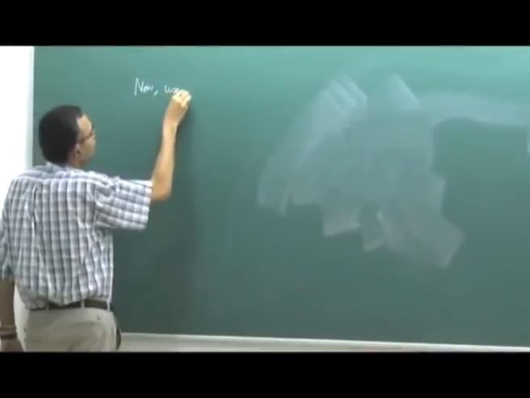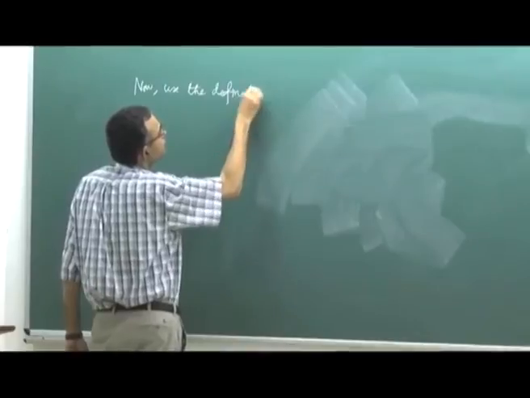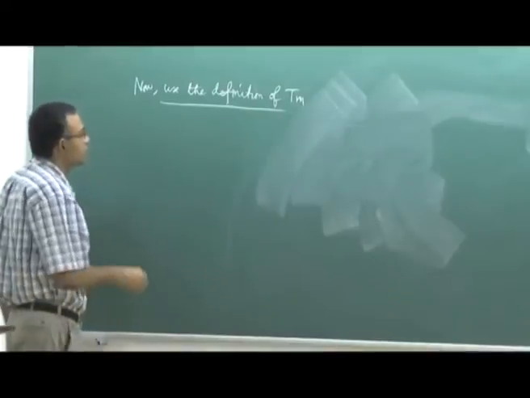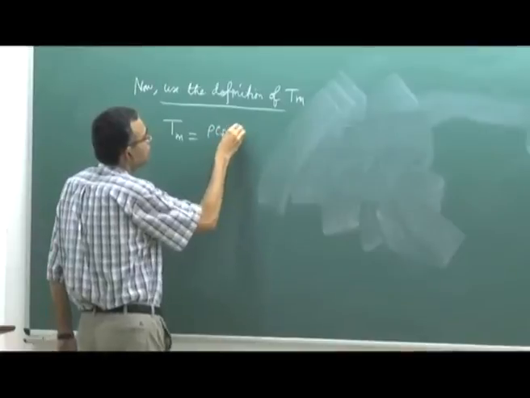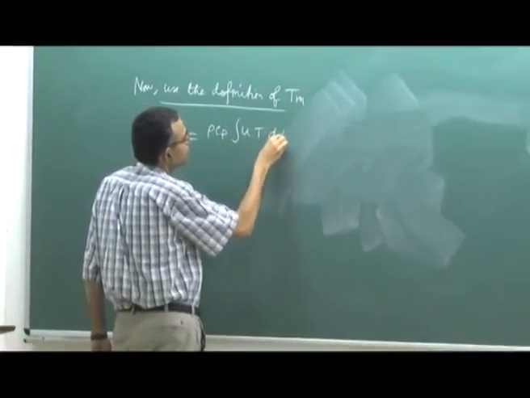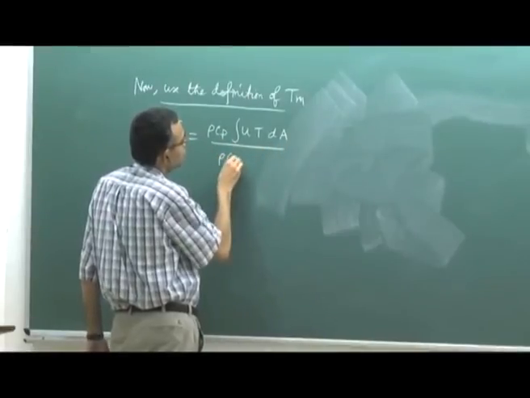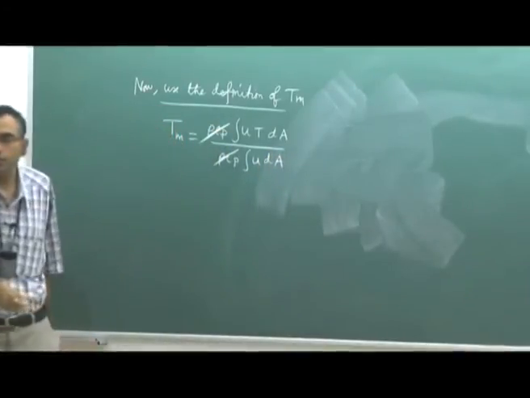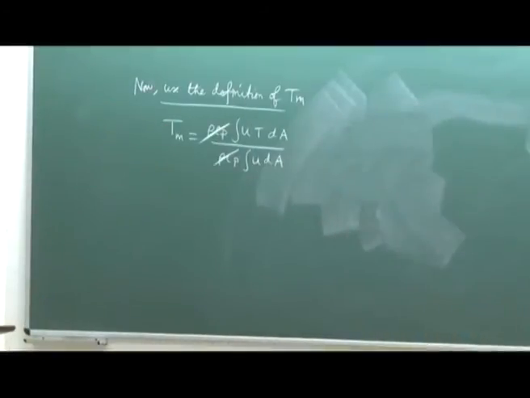So now use the definition of Tm. This rho Cp is constant for this problem, so we cancel the rho Cp part.